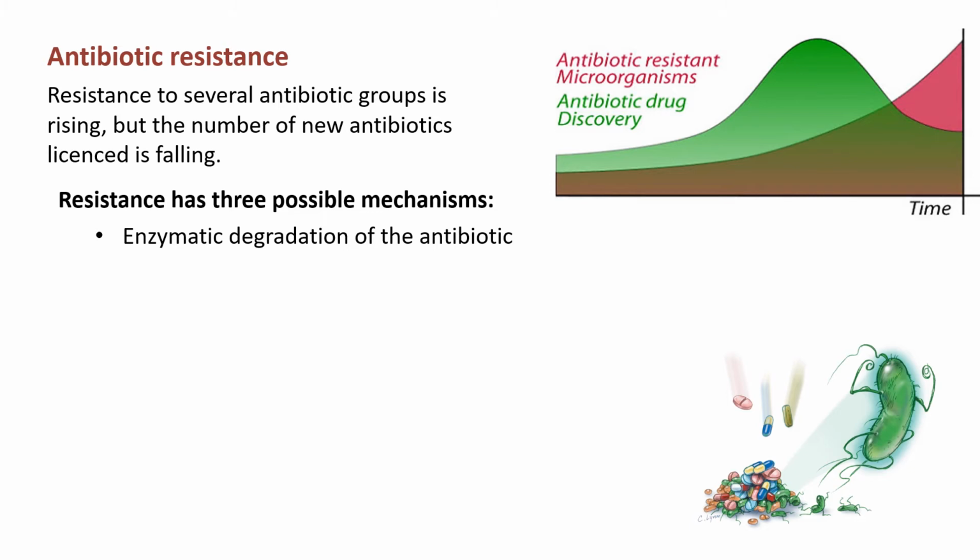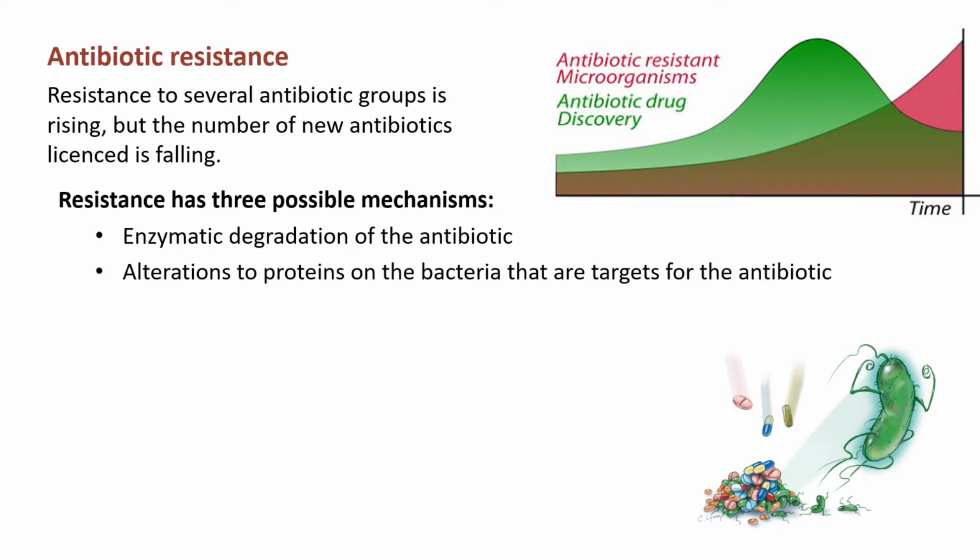There are three possible mechanisms really. In some cases, the pathogen is able to degrade the antibiotic by releasing its own enzymes that degrade it. Another possibility is alterations to the binding sites on the bacteria that the antibiotic will bind to.